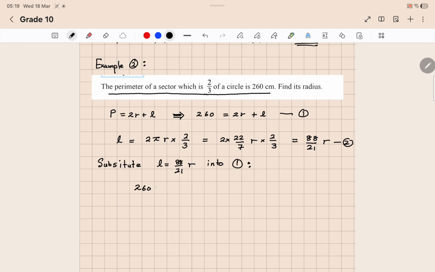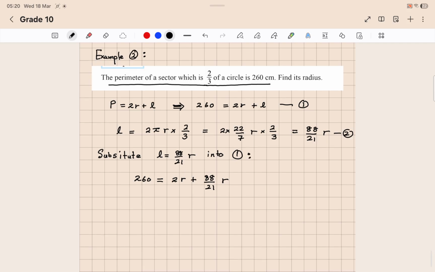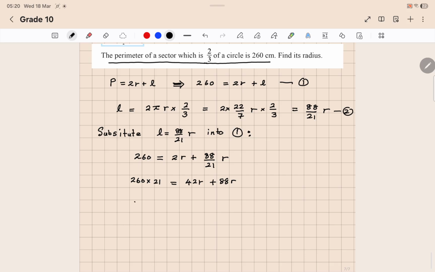Then what do we have? 260 equals 2R plus L, and L is 88 over 21 R. So now we have to simplify this. Multiply everything by 21. So 260 times 21 equals 42R plus 88R. So you get 260 times 21 equals 130R. Right.